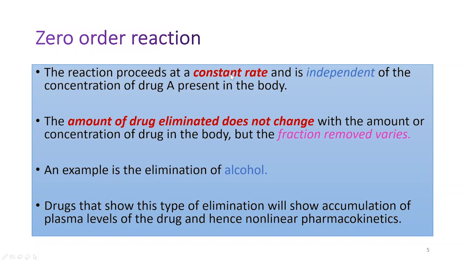This amount that is eliminated is independent of the concentration of drug A, meaning the concentration of drug A does not affect this constant rate of elimination. So the amount of drug eliminated does not change with the concentration of drug in the body.